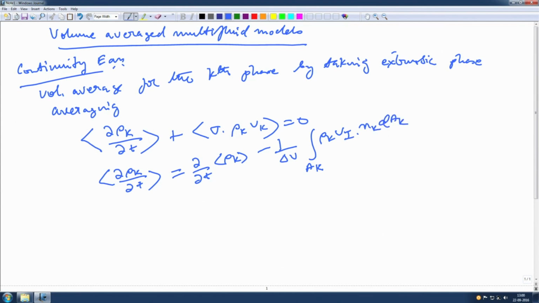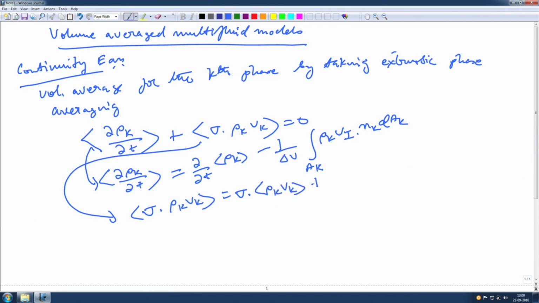That is the first term. Similarly, the second term, using the rules that we established, gives plus rho k V k dot N k dA k.